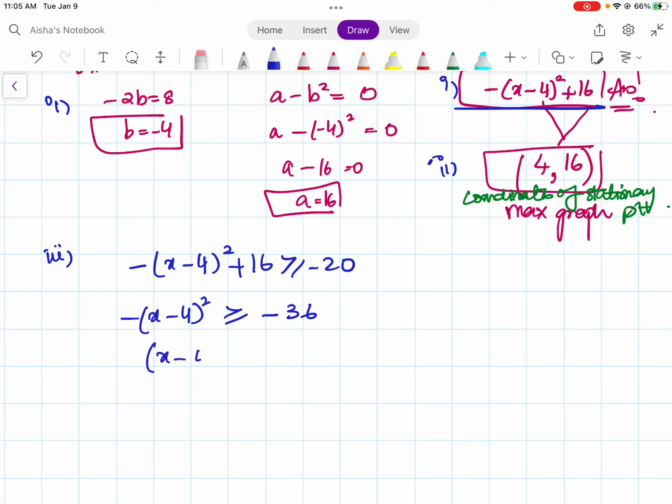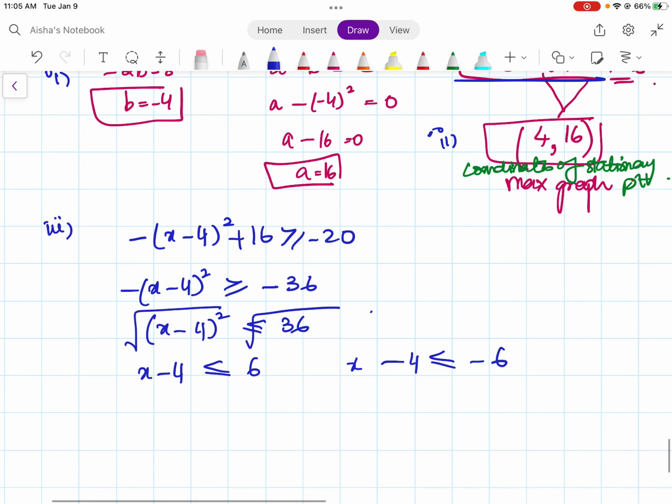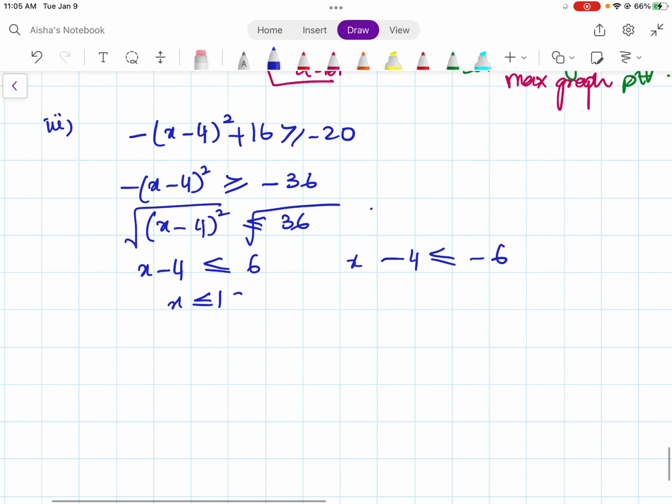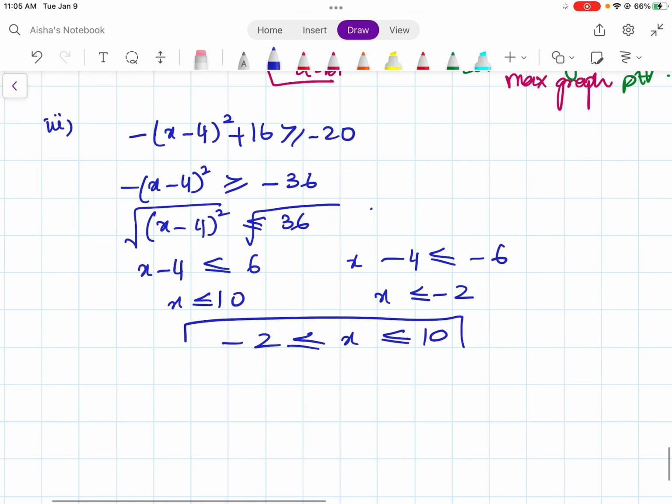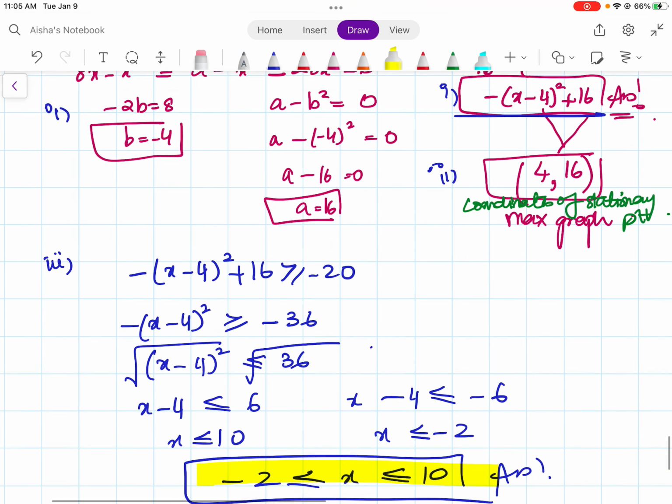When I remove both the negative signs, the inequality sign will flip. Put a square root on both sides. 6 plus 4 is 10. Rearrange the inequality. That's my answer for the third one.